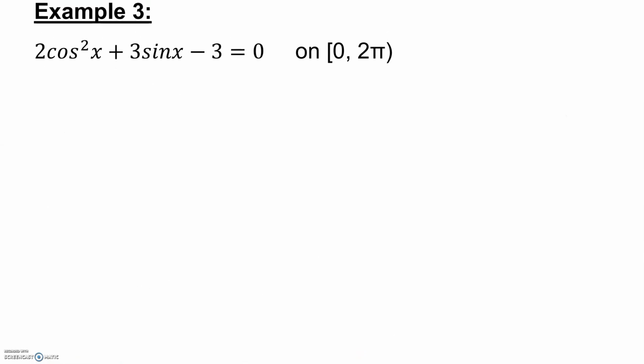Okay, another factoring one. Now this one's kind of weird because we've got two different trig forms, cosine and sine, and we can't combine them, and one of them is squared. But isn't there an identity? Right? And so that means that cosine squared equals 1 minus sine squared.